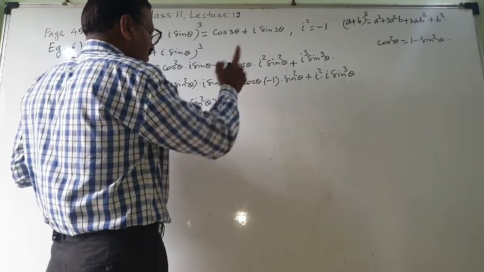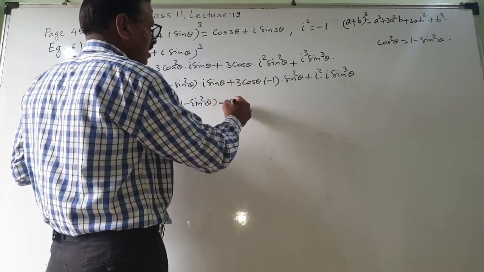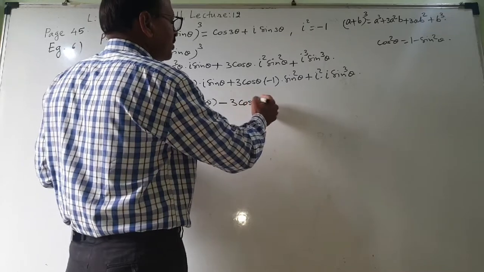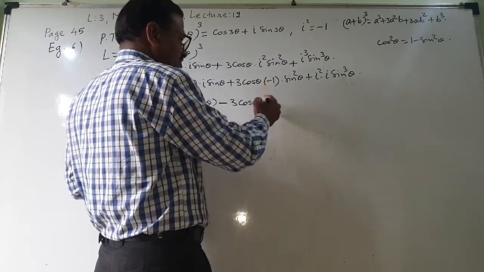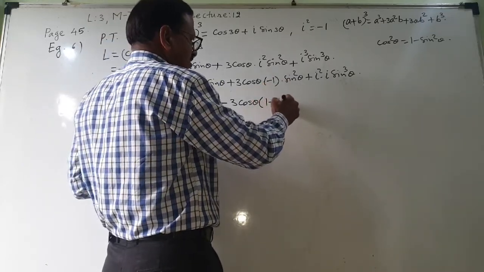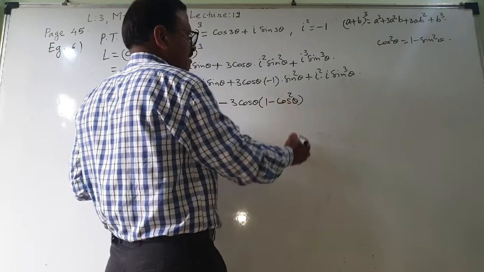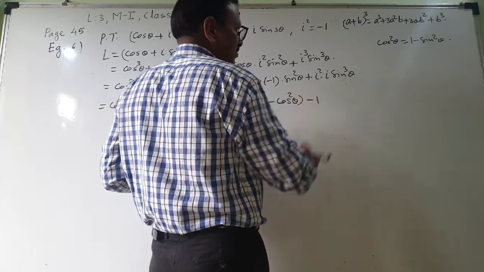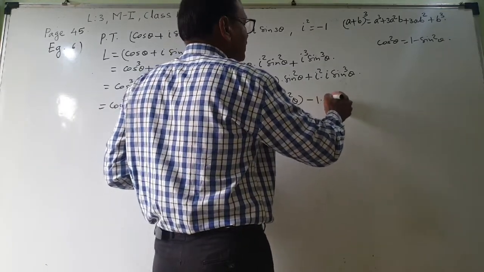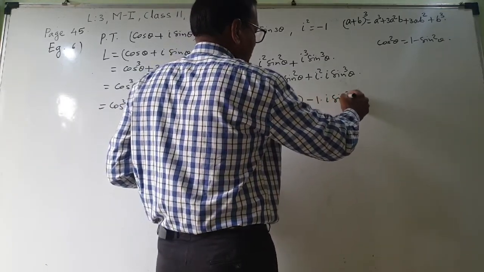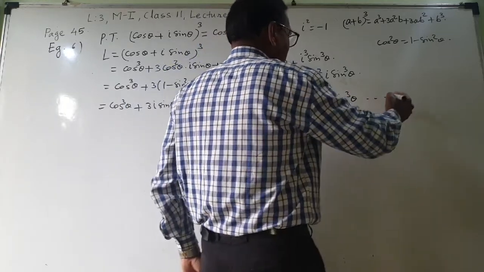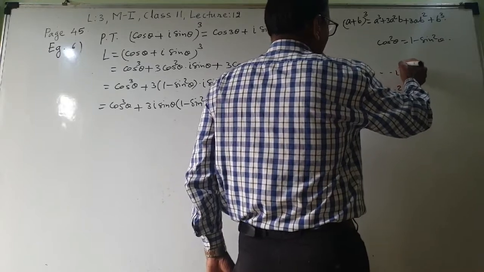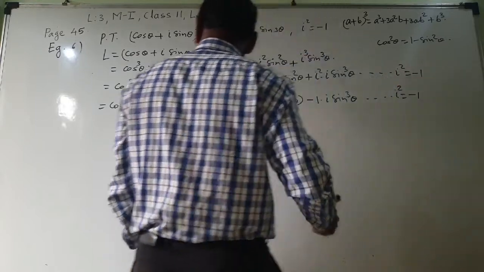This plus and this minus will become minus 3 cos theta into sine square, and sine square is nothing but 1 minus cos square theta, plus. Now i square is equal to what? Minus 1. Minus 1 into i sine cube theta. Here you have to give the reason: i square is equal to minus 1. Here also we have used that, i square is equal to minus 1.